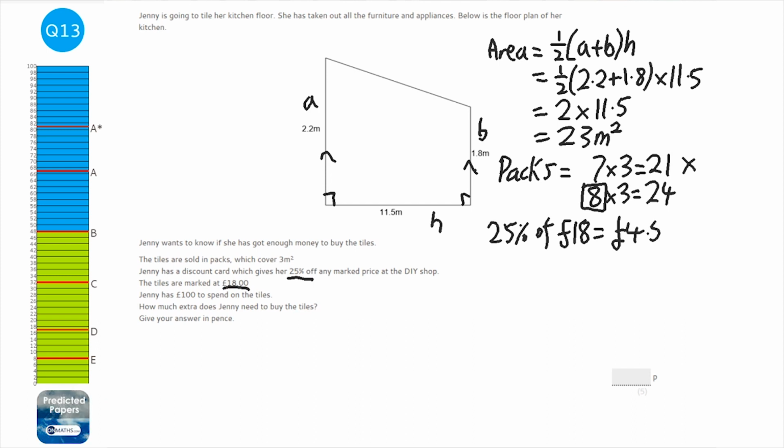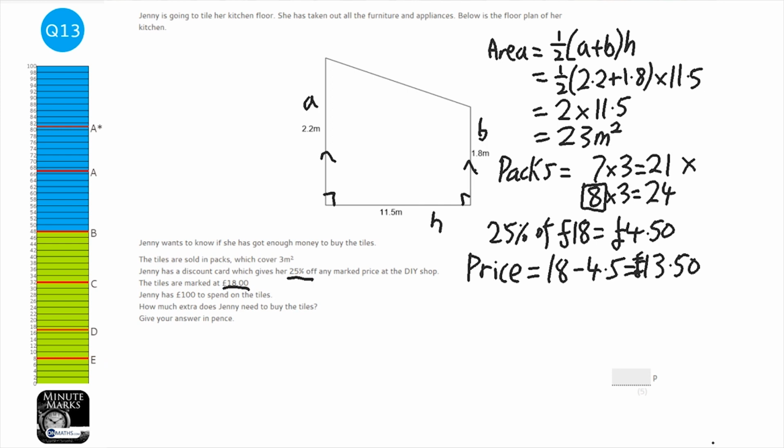So it's going to be £4.50. So the price is going to be 18 take away 4.5. 18 take away 4 is 14. Take away 0.5 is 13.5. So £13.50. So each pack of tiles is £13.50, and I need to get 8 of them.